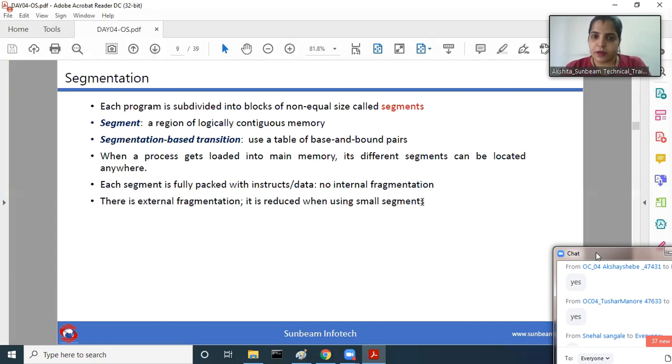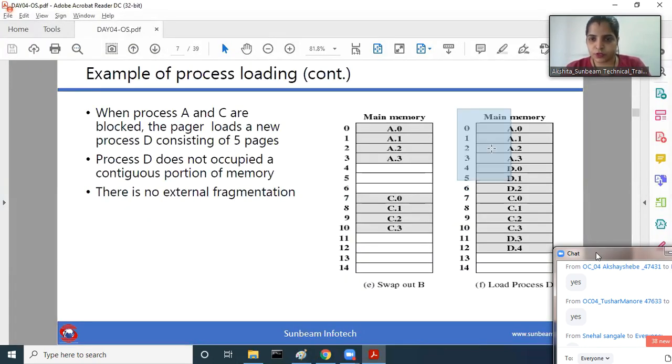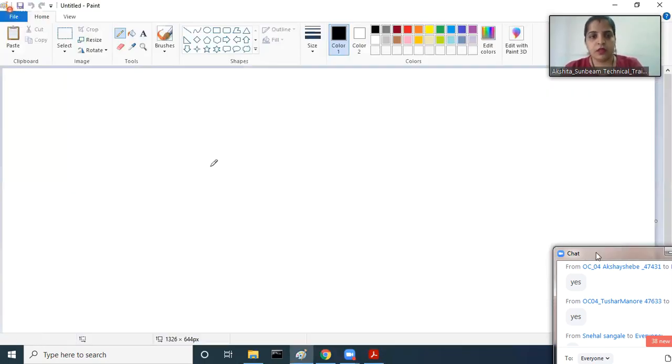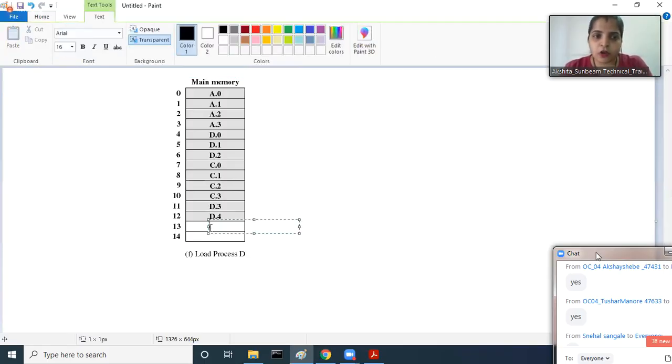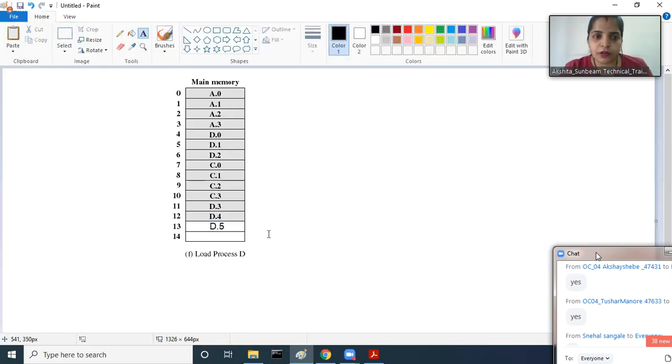All right. Now, as I said, I'll take the same diagram. Assume D5 is another memory location. But what D5 is saying is that it does not require a complete frame. Maybe it requires only half a frame, up to this much.